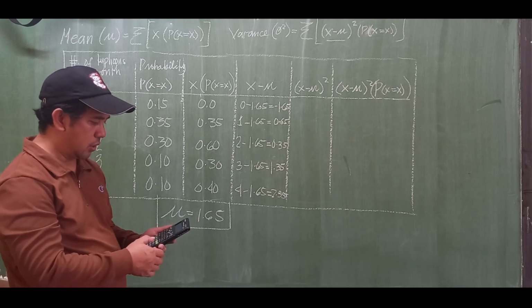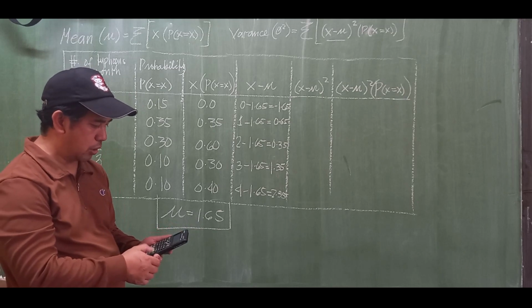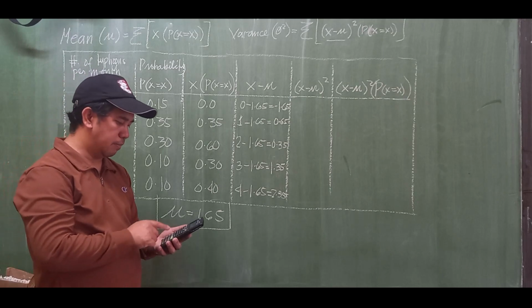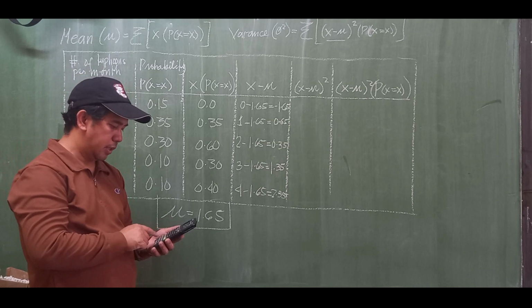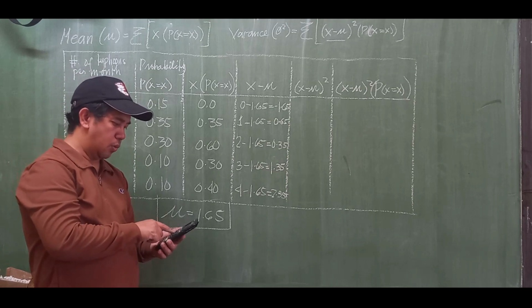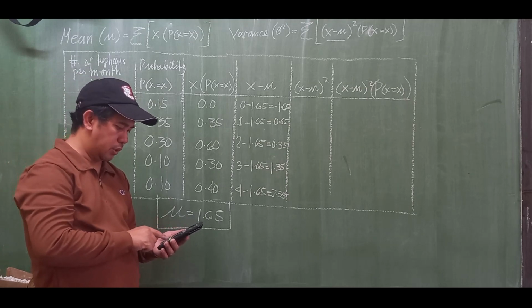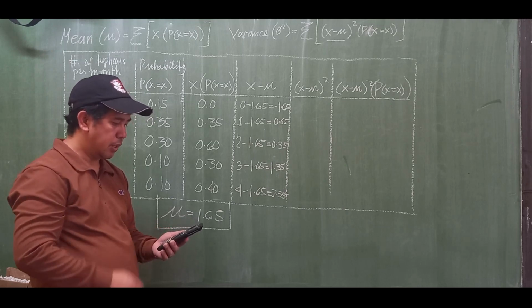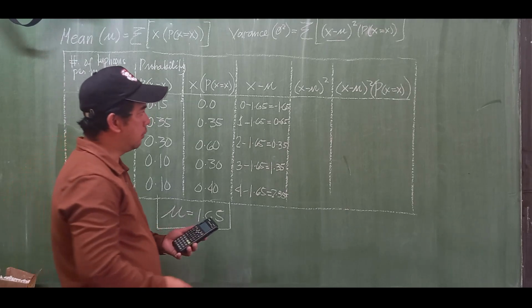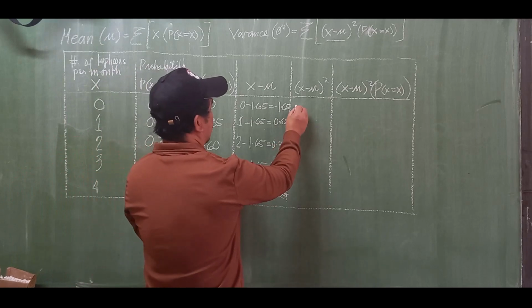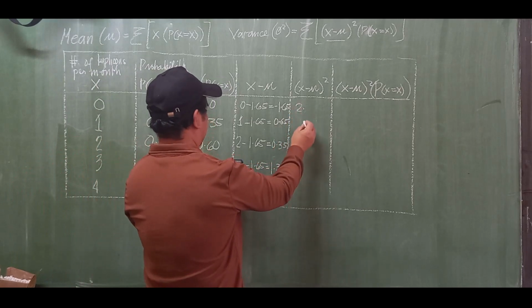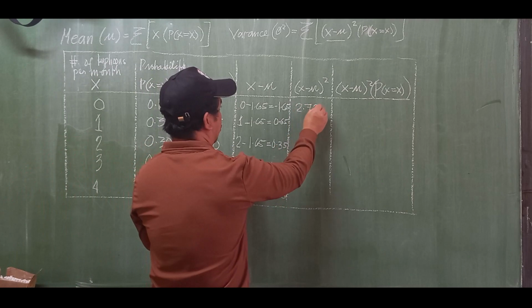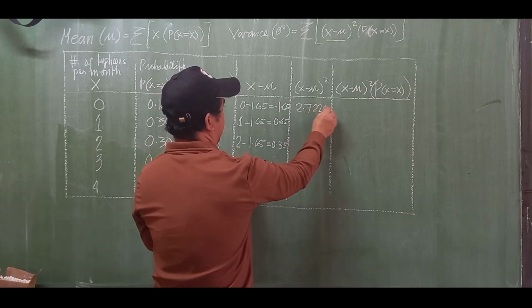Then after that, what will be the result? Oh yeah, I'm sorry. 1.65 raised to the second power will give you 2.7225.